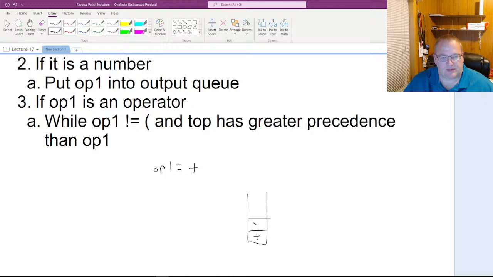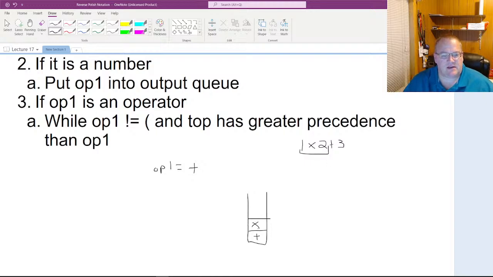If this is a multiplication, I'll show you. So 1 times 2 plus 3. What do I do first here? I'm going to do this part first.